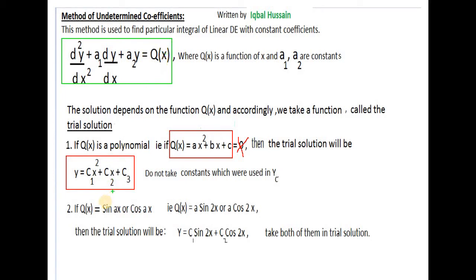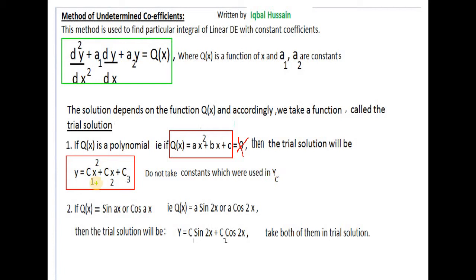So we must be careful while writing the trial solution. We will not write those constants which were used in the complementary function. Here I have written, do not take constants which were used in the complementary function. This yc is the complementary function.